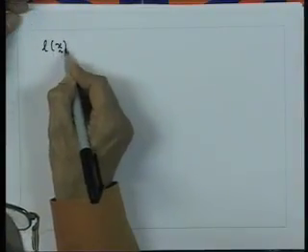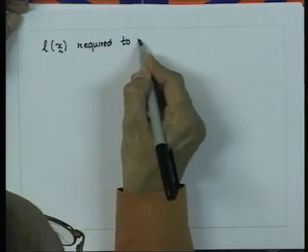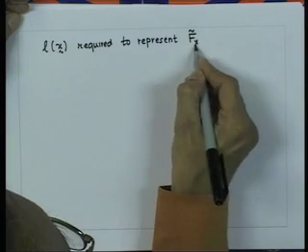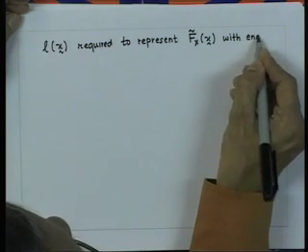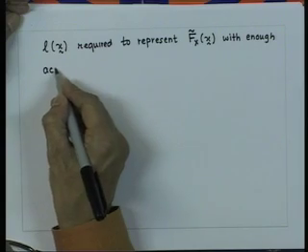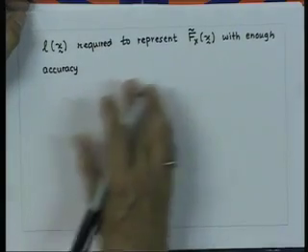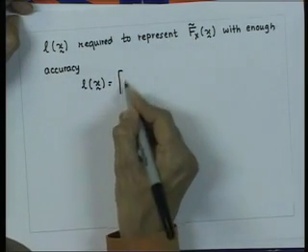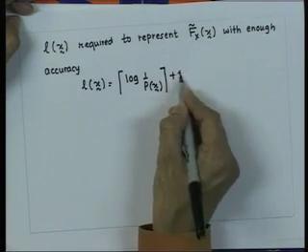We have shown that the number of bits L(x) required to represent F tilde(x) with enough accuracy, such that the code for different values of sequence x are distinct, is L(x) equal to log of 1 by P(x) plus 1.